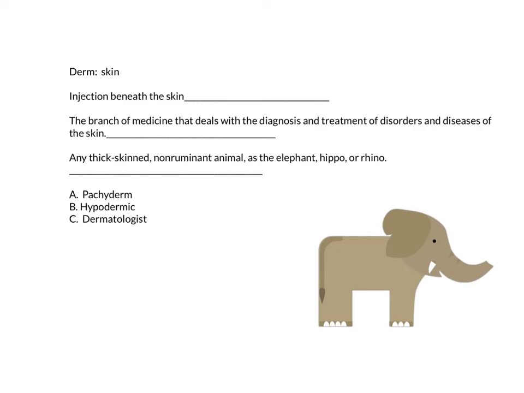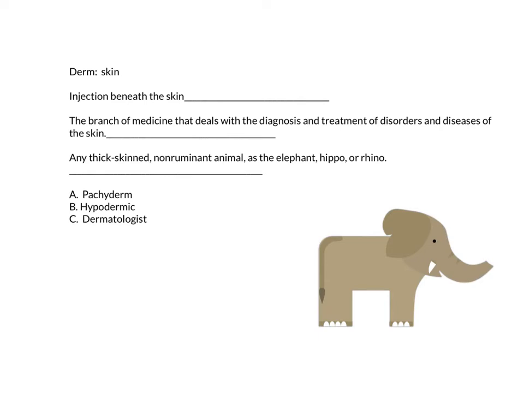So here I have 3 definitions of words that contain the root derm, and we have to think about what we know about each of the words to help us decide which word matches which definition. So the 3 words that I've chosen that contain derm are pachyderm, hypodermic, and dermatologist.